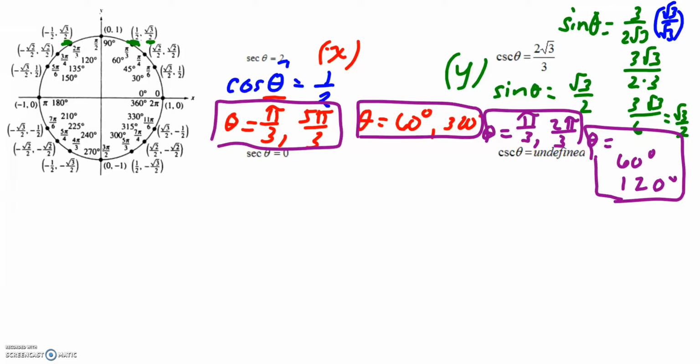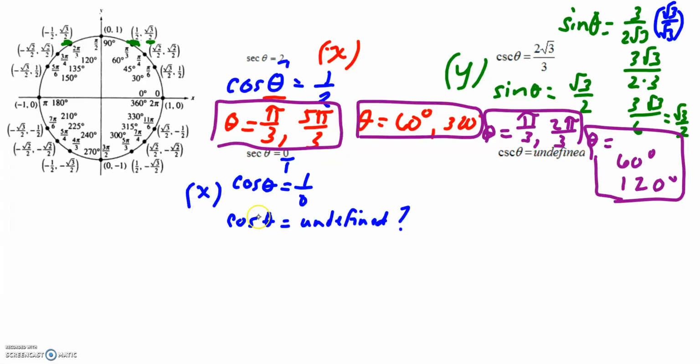So this next problem, I'm eventually going to change this original problem, and here's why. If I look at secant of theta equals 0, or 0 over 1, the reciprocal, cosine of theta, would really be 1 over 0, which means the cosine of theta is undefined. And the question is, is there ever a time on the unit circle where the cosine value, or the x value, is not possible?